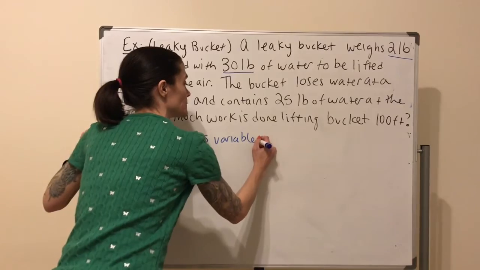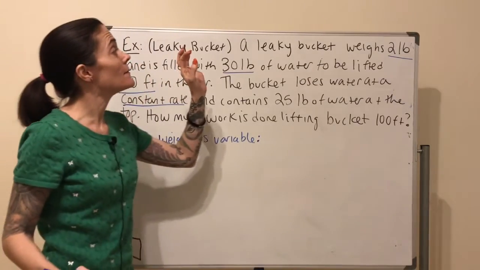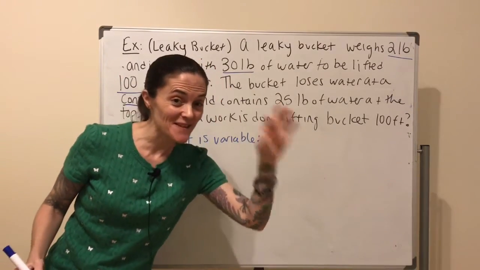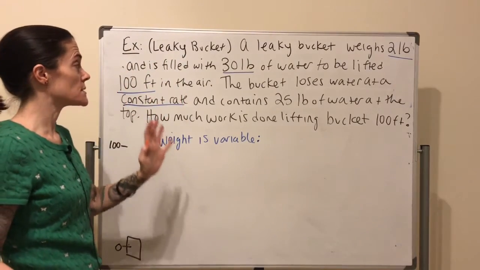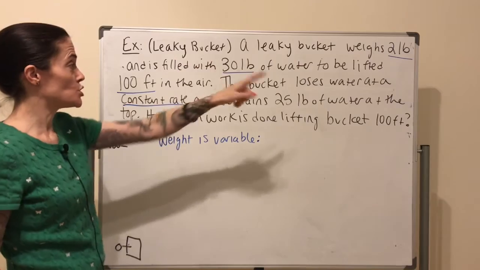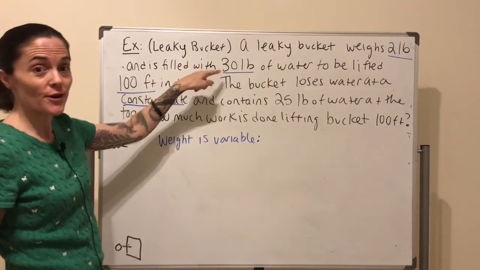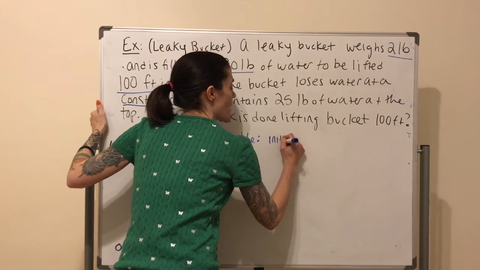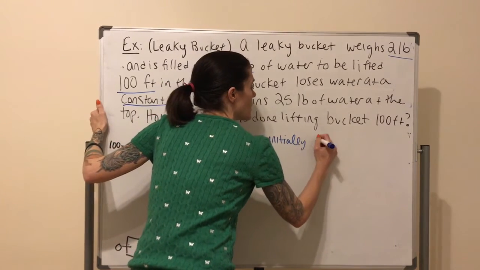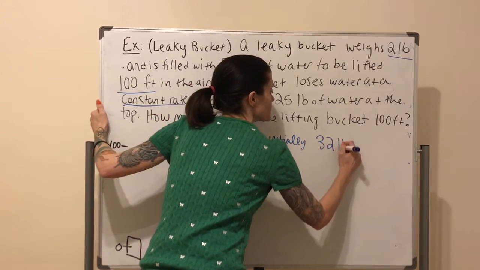Okay, let's figure this out. Well, you notice immediately I'm in US customary, and my initial force is 2 for the bucket plus 30 for the water. So initially, when I'm at the bottom, I have 32 pounds.